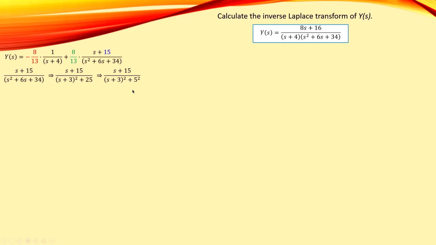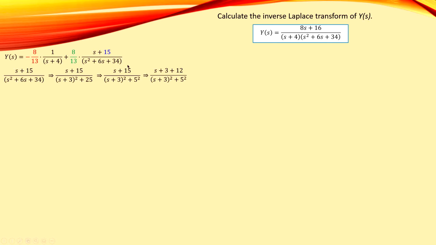I can, in addition, change the numerator into this form. I have now made this 15 a summation of 3 and 12. Why I do that is the following: because I have s plus 3 squared, and I also have here s plus 3, I need an additional term, which will be clear shortly, like a 3 here.